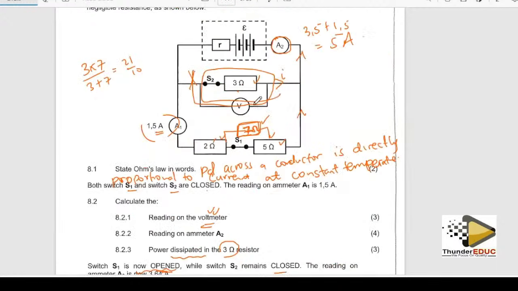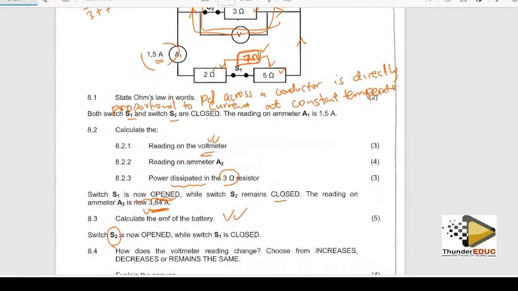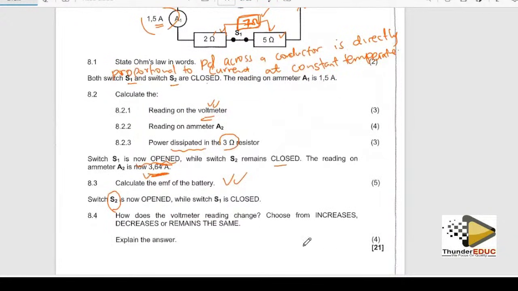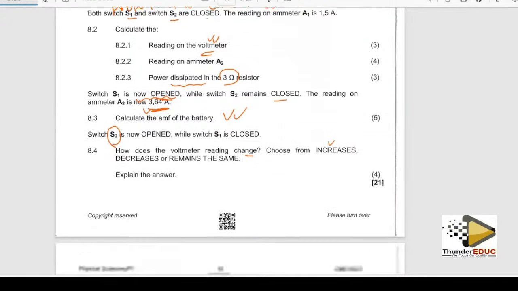12.04. Our focus is now the 7 ohm combination. They're asking us, how does the voltmeter reading change? We need to choose increase, decrease, or remains the same.